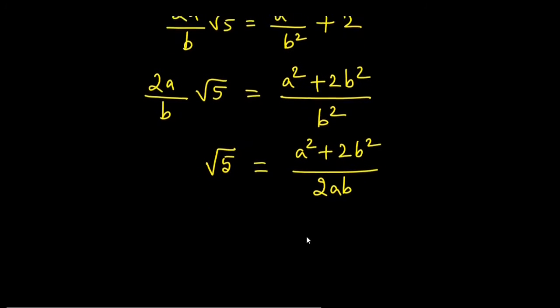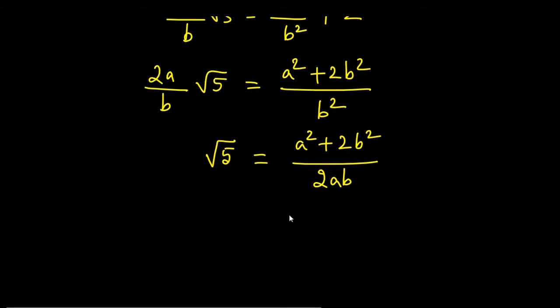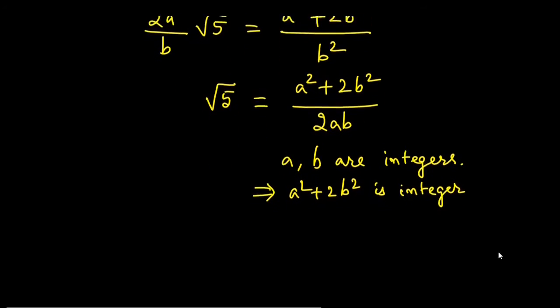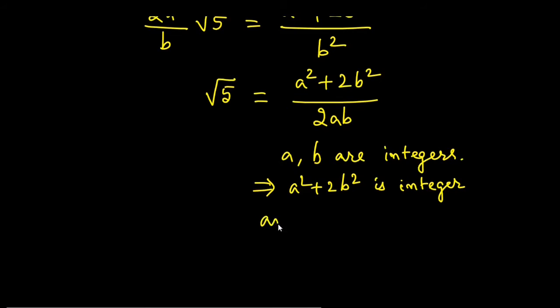So here we know a and b are integers. So a square plus 2b square is an integer and 2ab is an integer.